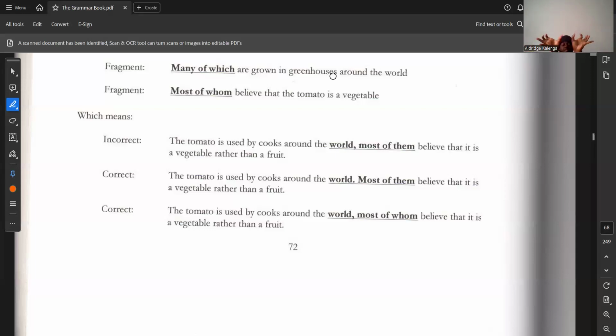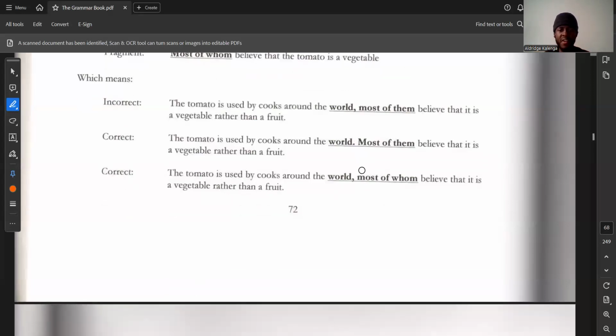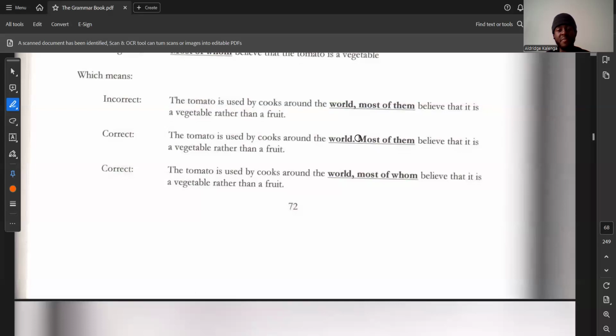You can't have two independent sentences, two independent clauses, separated by a comma. That's wrong. You need a period, right? You need either a period like here, or another way of correcting it: because you can't separate two sentences, you need to make one of them a fragment.